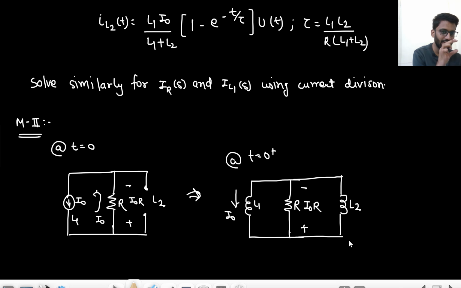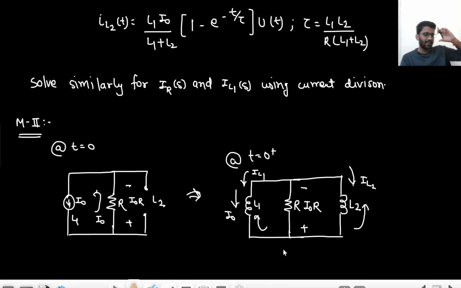So that means because of this drop you are having a current in this direction, and because of this drop you are having a current in this direction. So what is happening? This I naught R drop is increasing the current in L2 but in the opposite direction of IL2. This is the direction of IL2 and this is the direction of IL1, right?